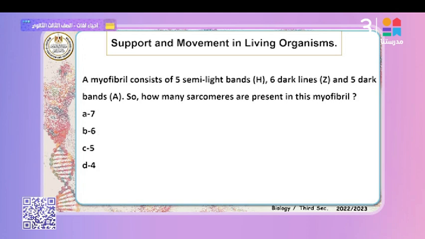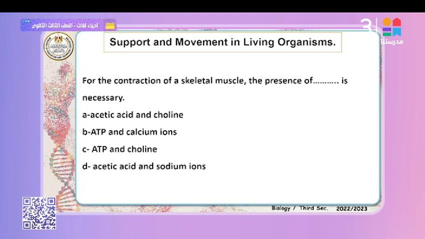That means that the dark area A equals the number of sarcomeres, and the simulated band H equals the number of sarcomeres. So the myofibril consists of 5 simulated bands H, which equals the number of sarcomeres. The best answer is 5, not 7, not 6, not 4. Finally, the best answer is C, 5. Okay, that's right.